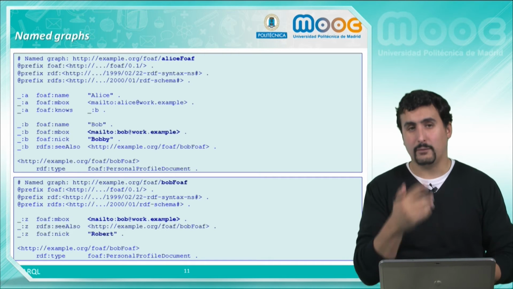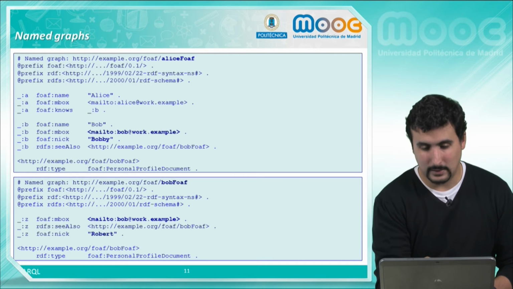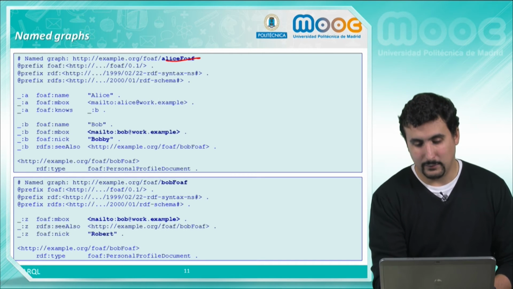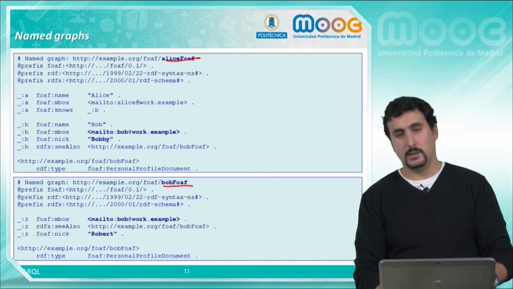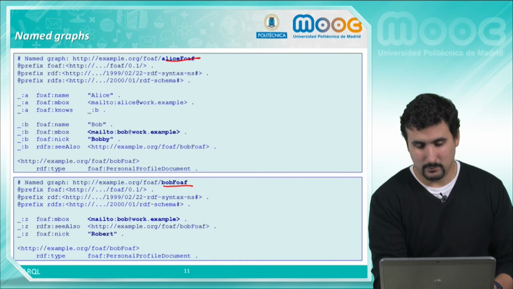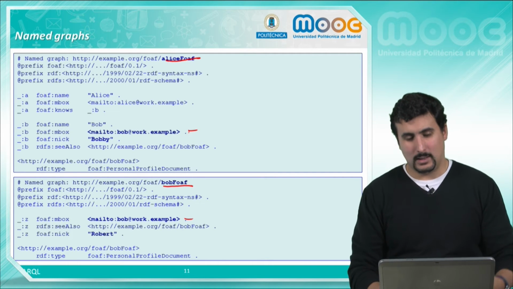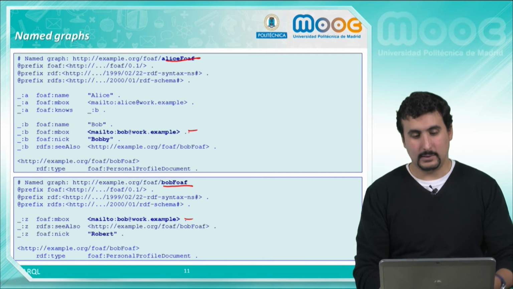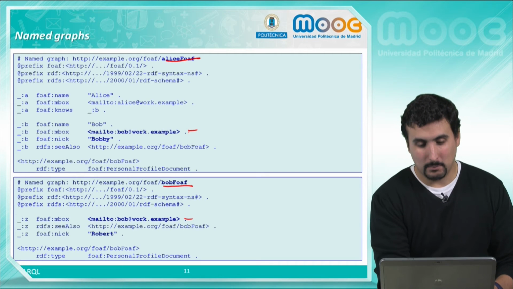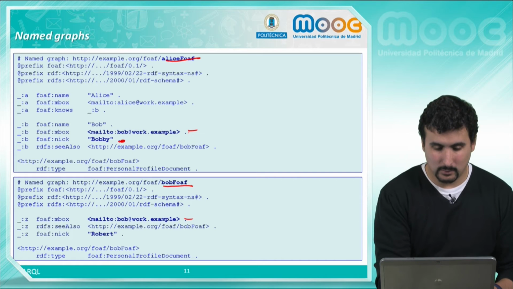So in this case, we have two different graphs. We have the Alice FOAF graph and the Bob FOAF graph. As you see, in both of them, we have defined a mailbox for Bob, which is this one here and here. But in the Alice FOAF dataset, we have a nick for Bob, which is Bobby, and in the other one, the nick is Robert.